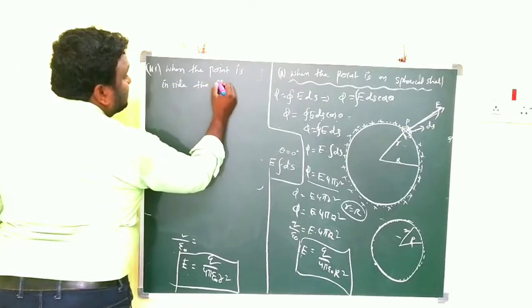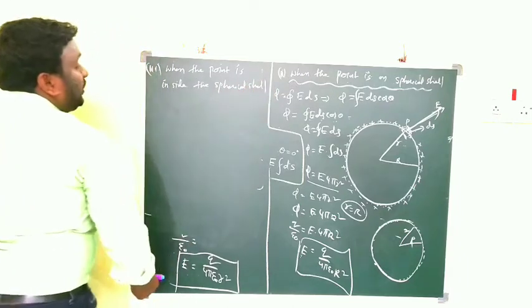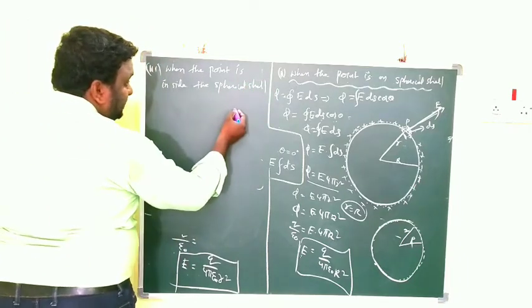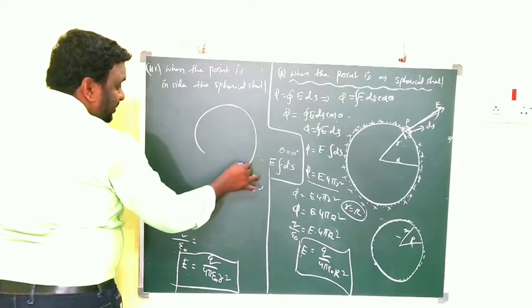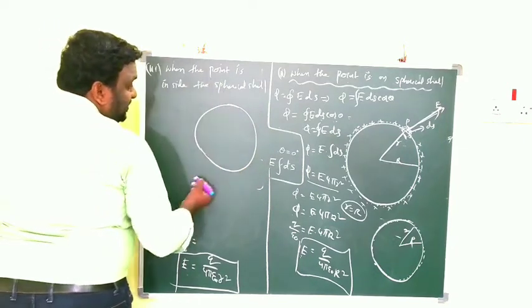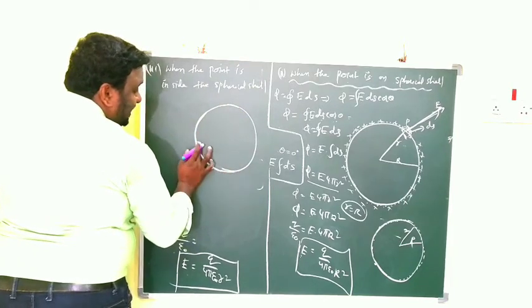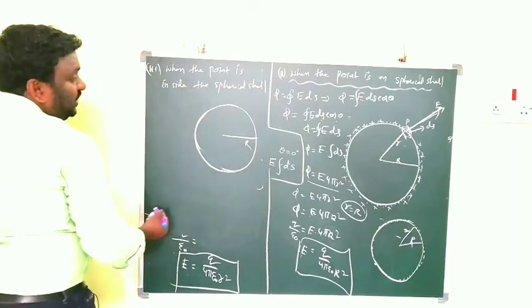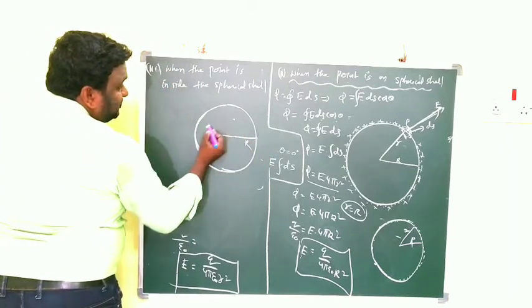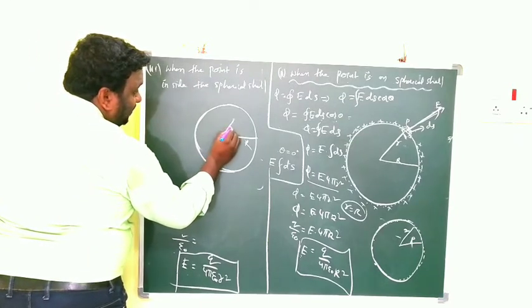Again the same statement we are taking here. This is one charged sphere of radius capital R. Now the point is inside, at a distance of r.